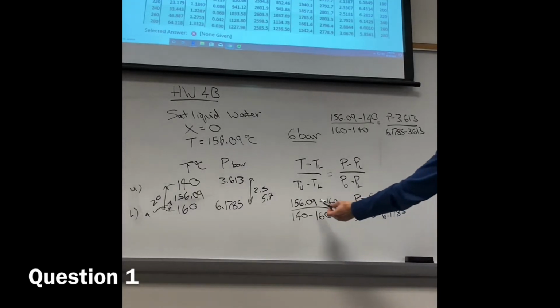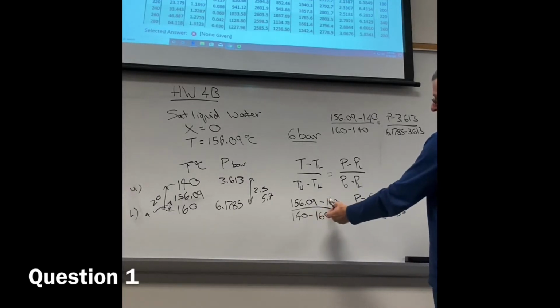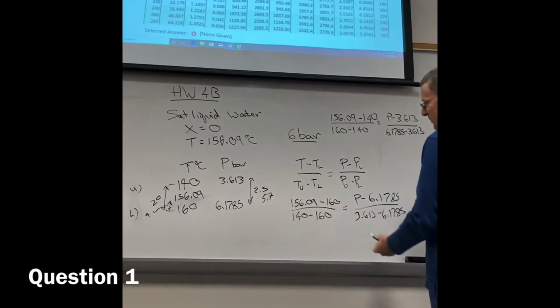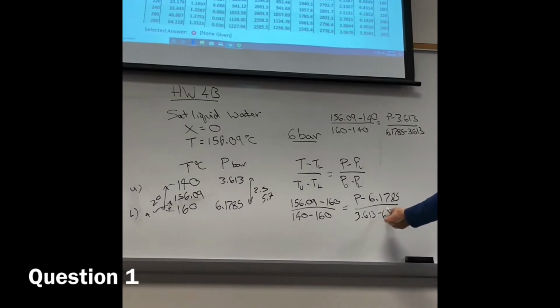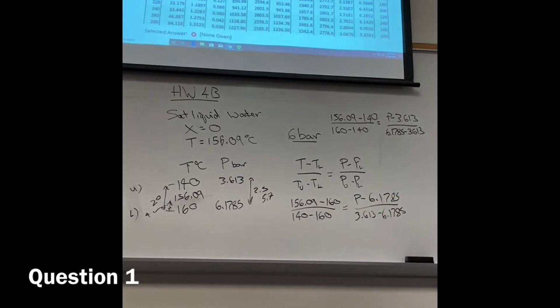So I end up with a negative over a negative, so it's positive. It's this difference, which is -4 over -20, and then here I get a negative number, so the numerator is going to have to be a negative number, but both sides are negative, so I'll get P equals a positive number between the two.